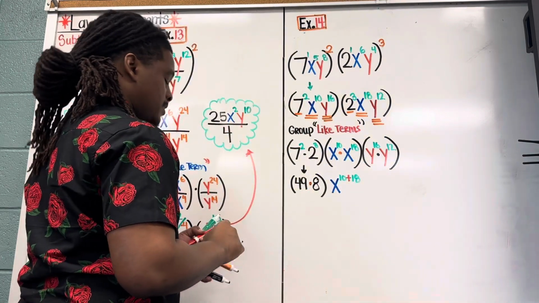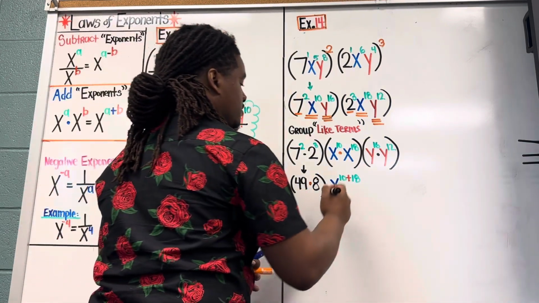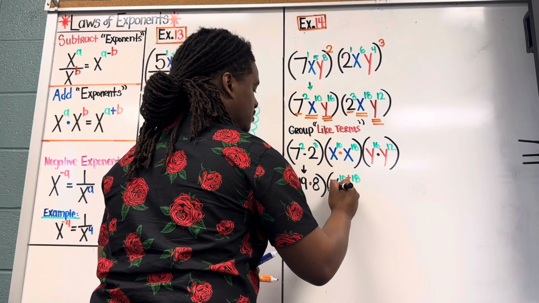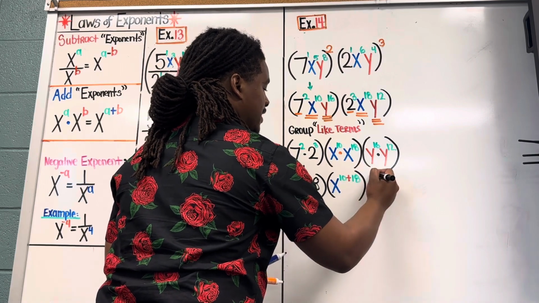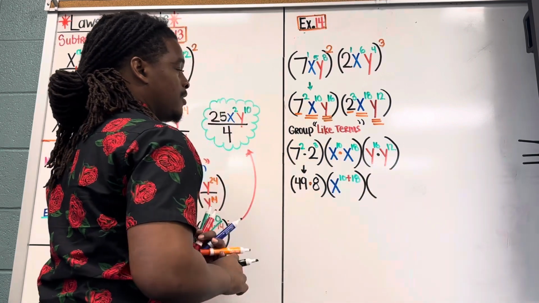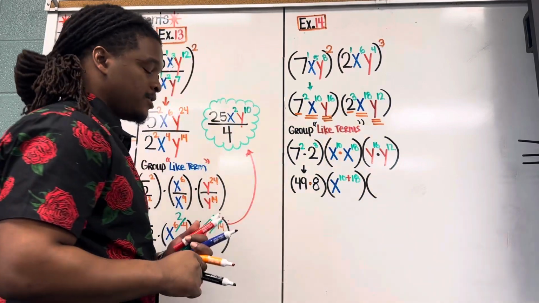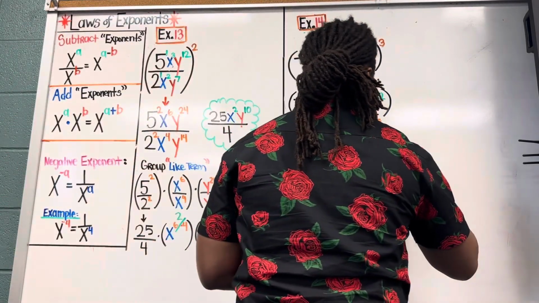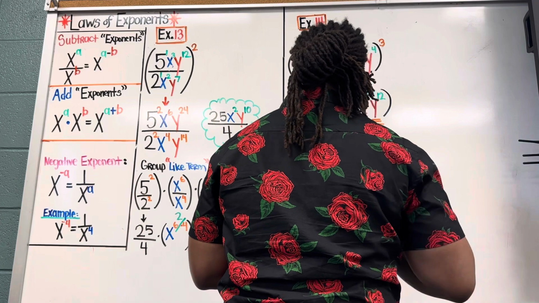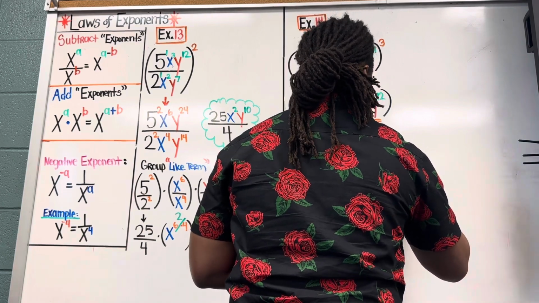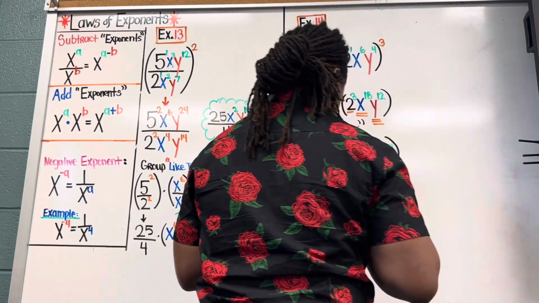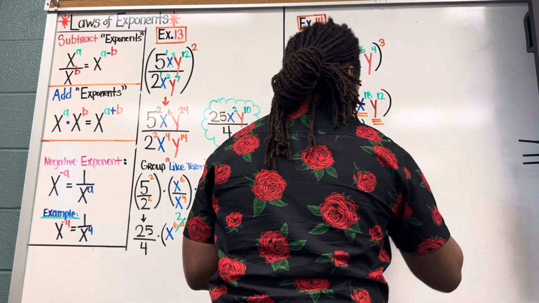And last but not least, we're going to do the y's. Y to the 16th power times y to the 12th power is just like saying y to the 16th plus 12th power.